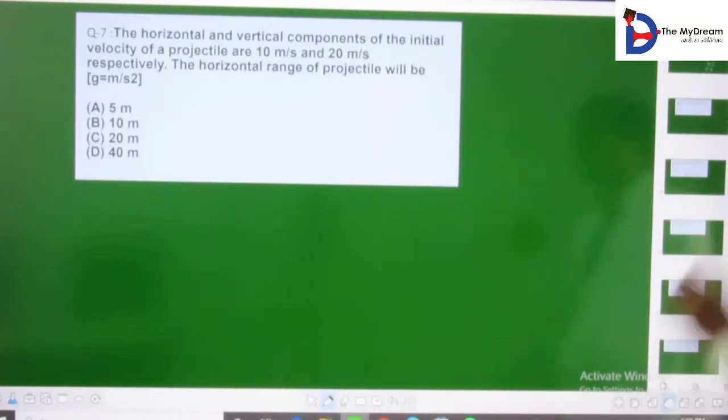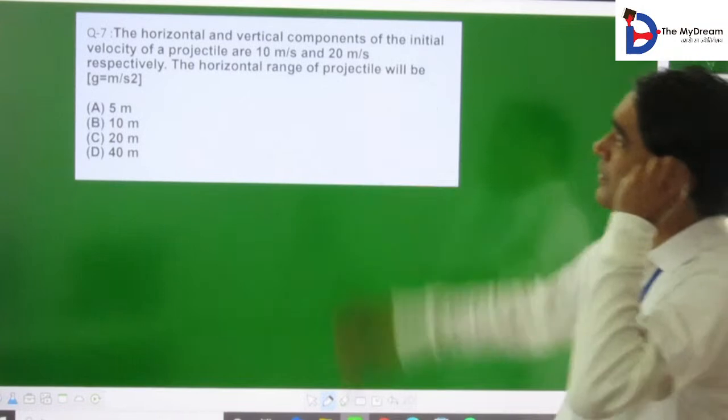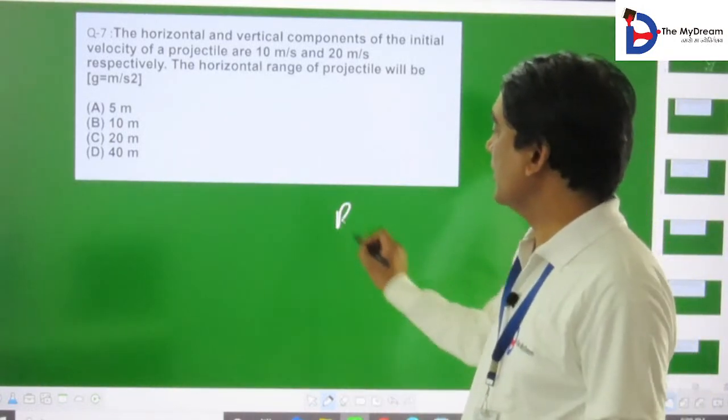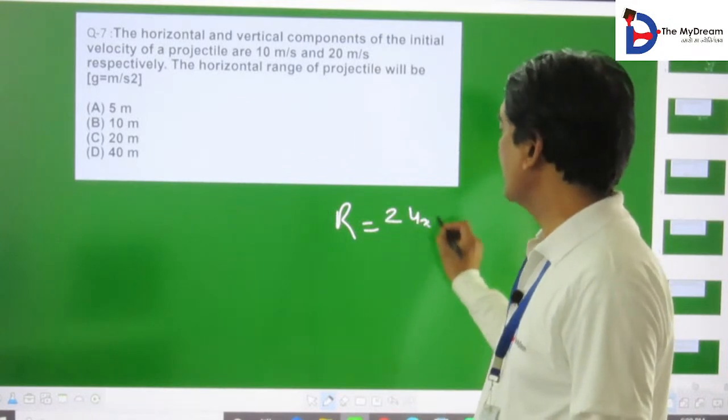Next, this question has been discussed in the previous session. Yesterday I already discussed twice of ux into uy.